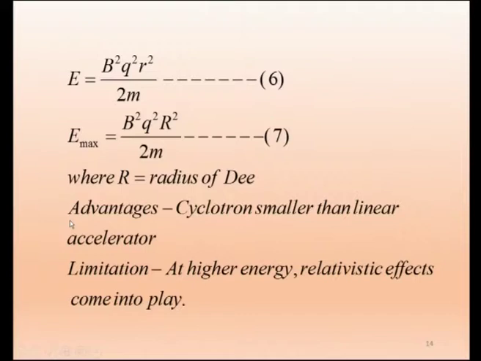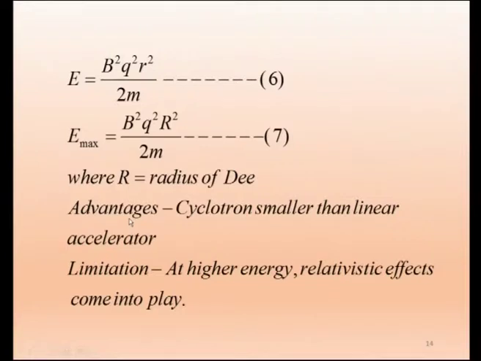Already we saw that in the linear accelerator, the particle gets attracted and goes in a tube, and when it crosses from one tube to another, there is a changeover of polarity. It goes on with higher velocity. There, if the first tube is 1 meter, the second tube must be 1.414 meter.